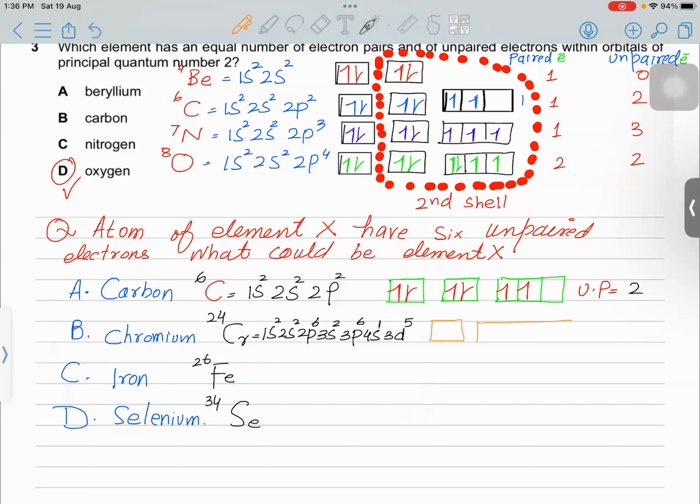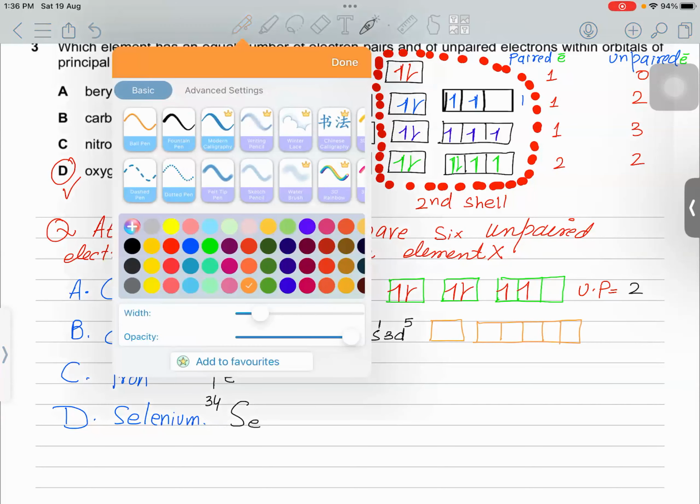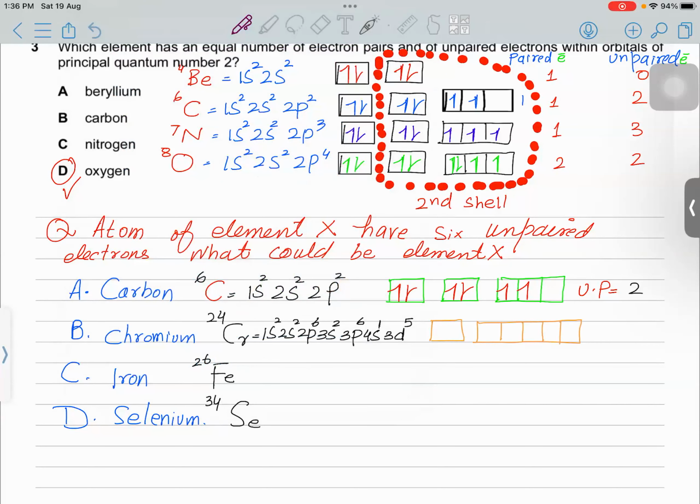Now tell me how many unpaired electrons?